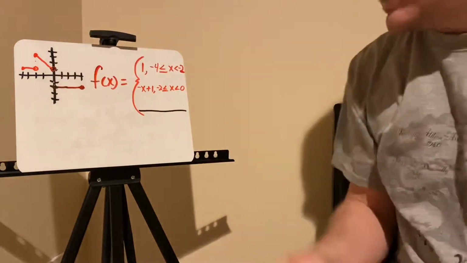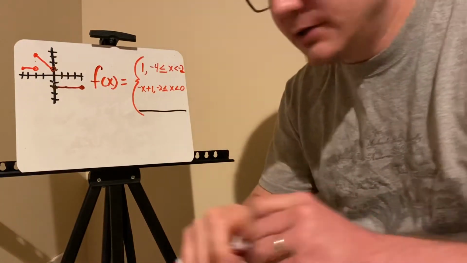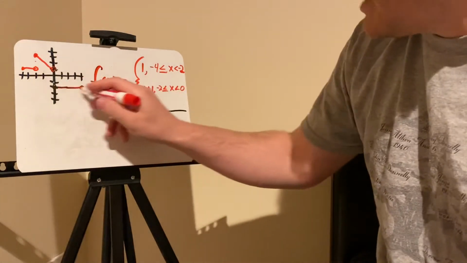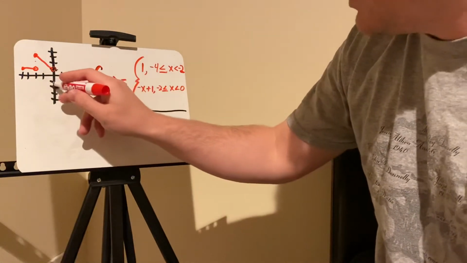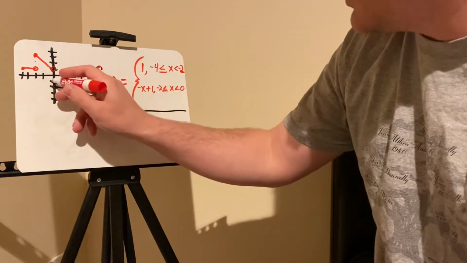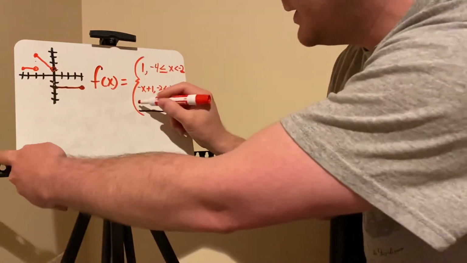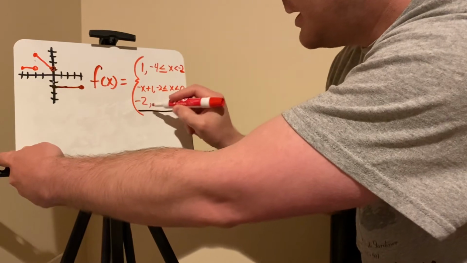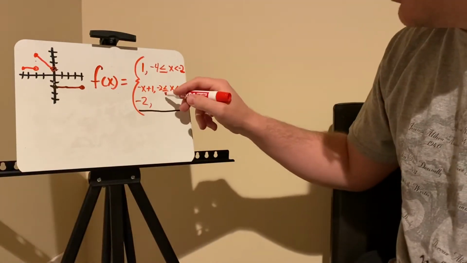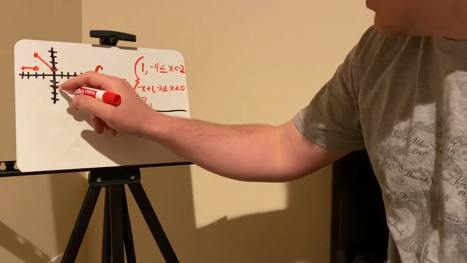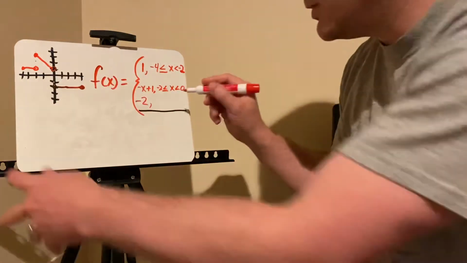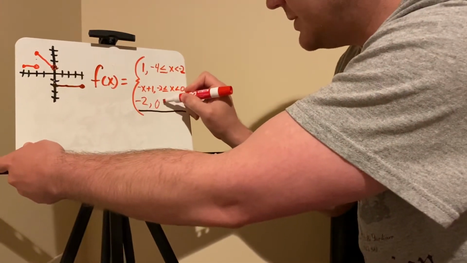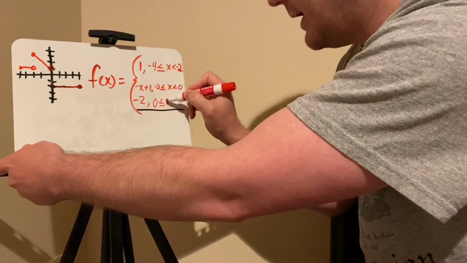I didn't fill in this last one, so I'm trying to explain to you how to do that. So this last line segment appears to be f of x equals -2. So you would just write -2. It's a constant value here. And you put a comma. And now you would say it's from, so this is a filled in circle at 0. So 0 is less than or equal to x.